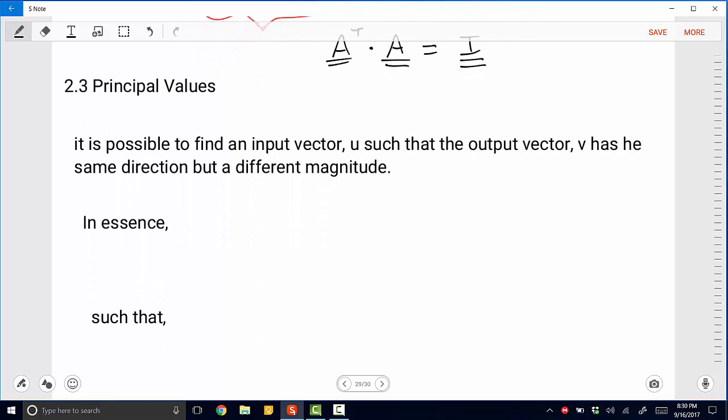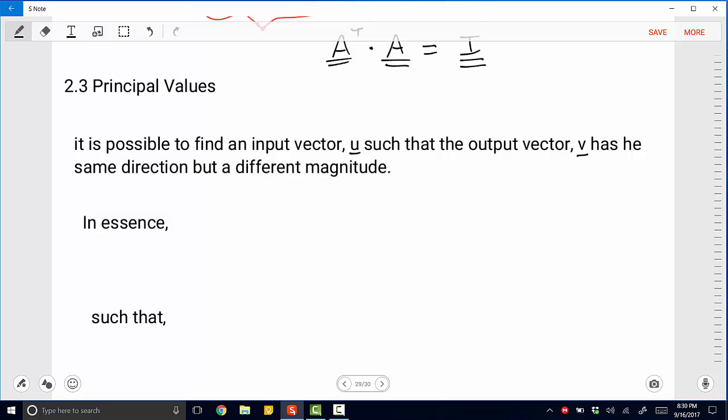So it's possible to find an input vector u such that our output vector v has the same direction but a different magnitude. So this is another side of the coin here, right?